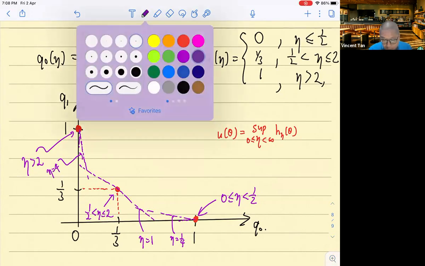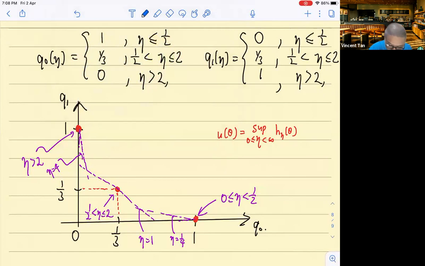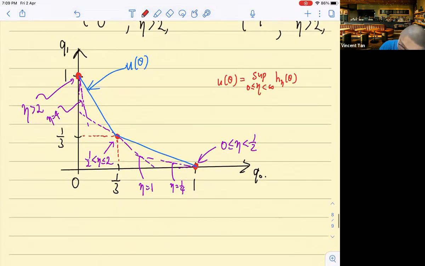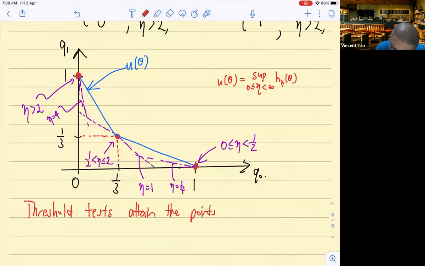So if all goes well, we are ready to plot our error curve, which is nothing but this, as you can see. And hopefully it is nice and convex. So this is actually our u of theta. The point here is that threshold tests attain the points A, B, C here, as we have seen.